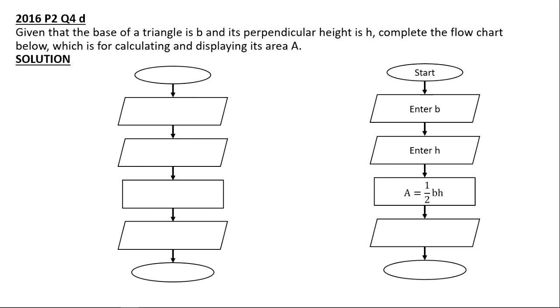So we'll say A is equal to half BH. Then we have that parallelogram, which is representing the output. So we'll say display A, which is the area of the triangle. And then the last part, we have to stop.